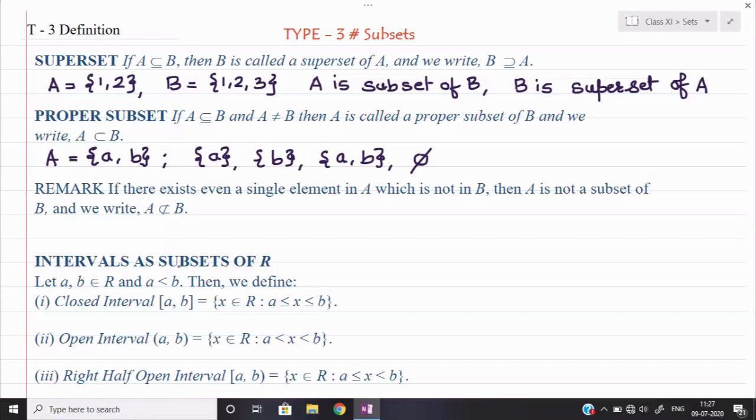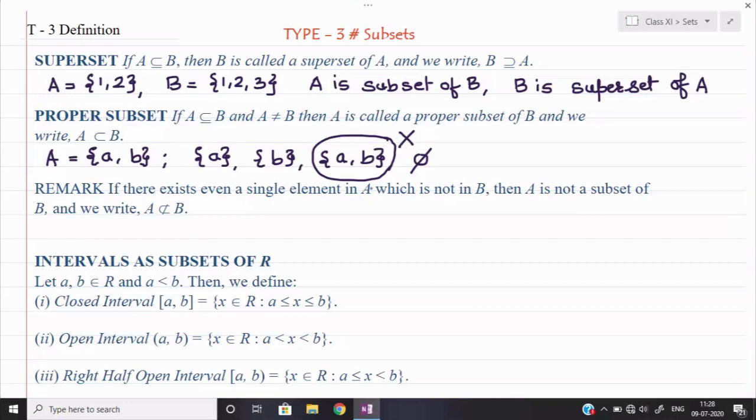So here they are saying in the proper subset, you do not consider the given set, because normally we say that every set is a subset of itself, but that is an improper subset. If I do not take the set itself as a subset, then the remaining subsets will be called proper subsets of the given set A.